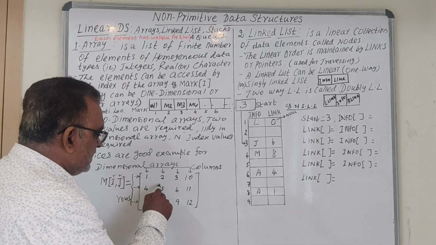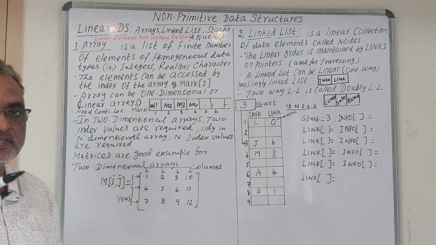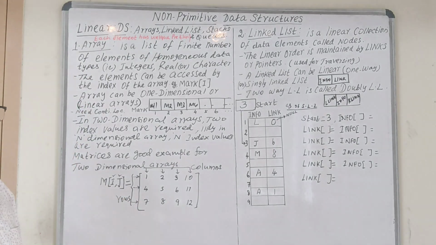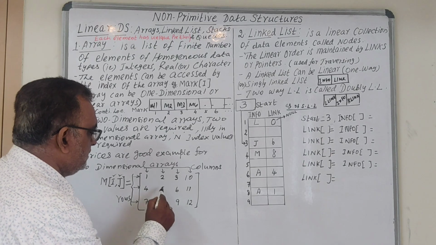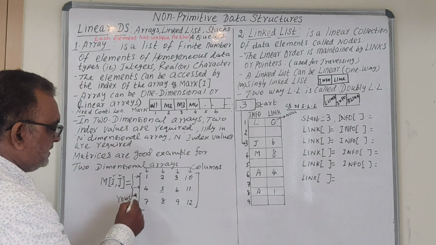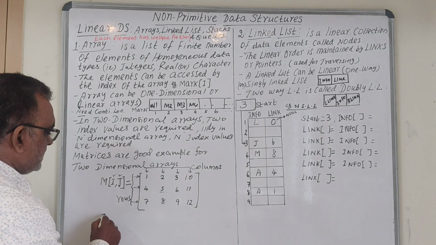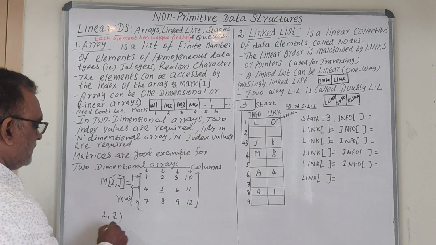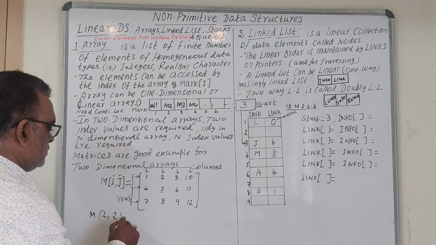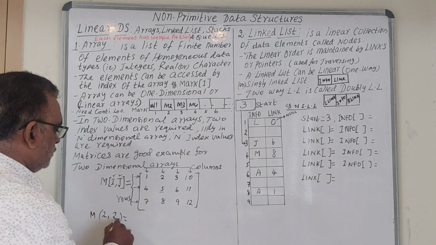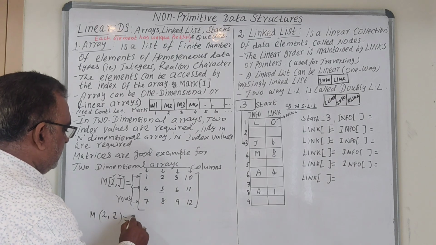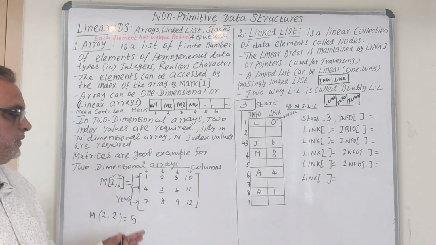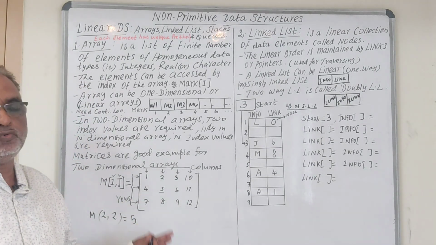The position of each and every element can be represented with the help of these index values. See, for example, this element is present in the second row and the second column. So this m of 2, 2 is nothing but 5. This is how we can locate an element in a two-dimensional array.